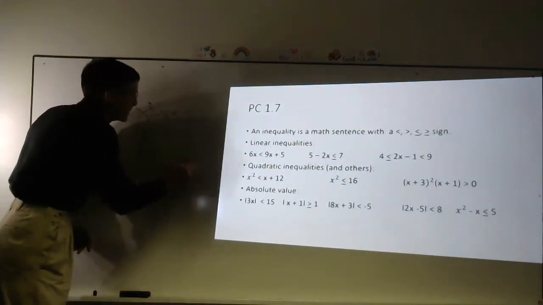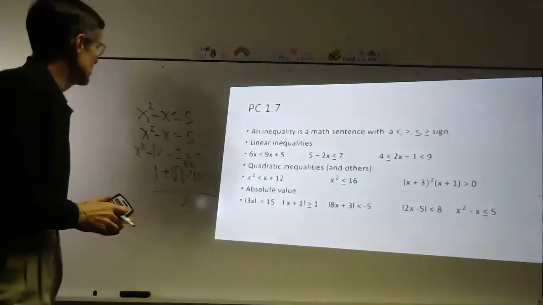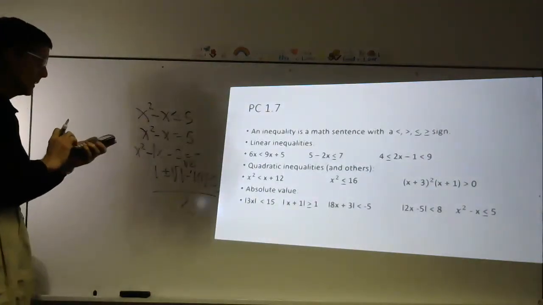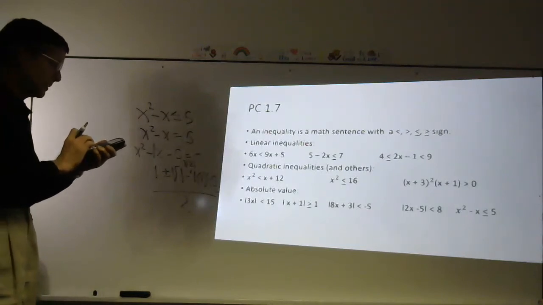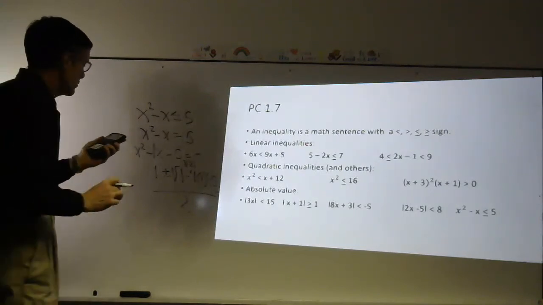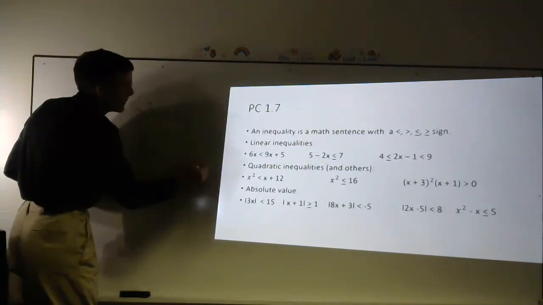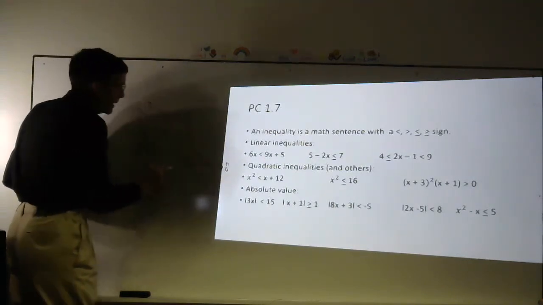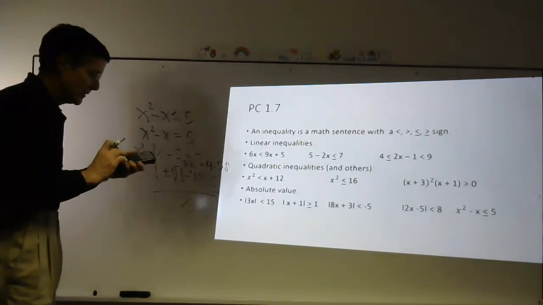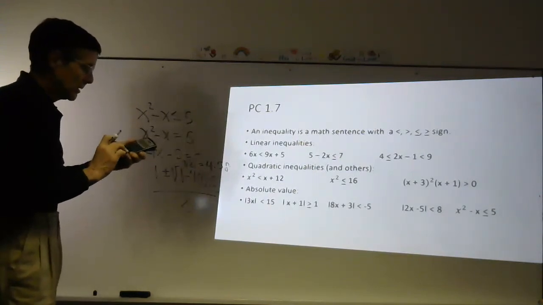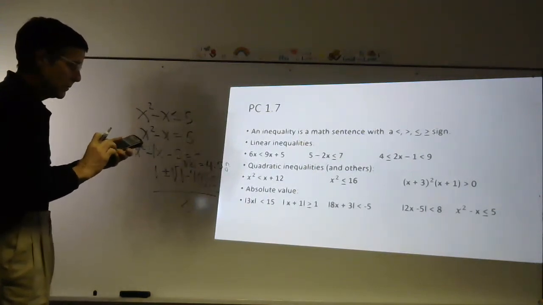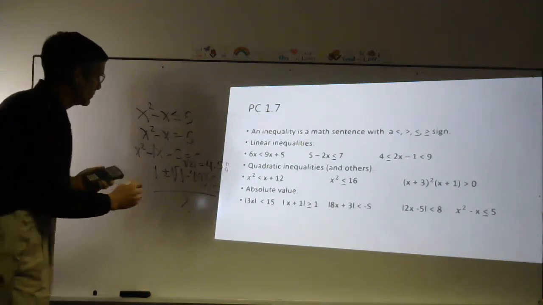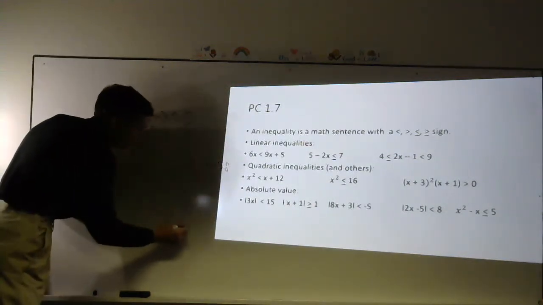So this is the square root of 21. So let's get some answers. I want the square root of 21, which is 4.58. Okay, 1 plus 4.58, divided by 2, equals 2.79.